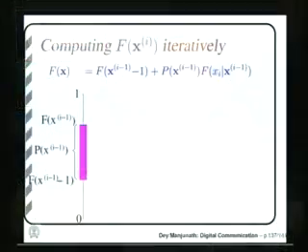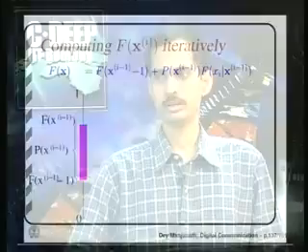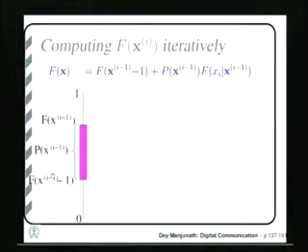So geometrically, what does it mean to compute the probability distribution iteratively? It means the following. You have computed, say, these three values in the (i minus 1)th iteration. You have received i minus 1 symbols and you have computed these three values.